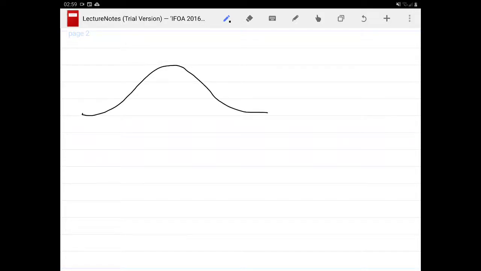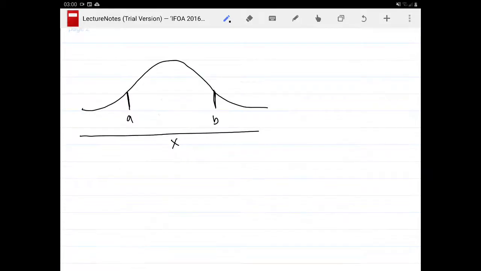We need to find some interval, some a and b, such that the probability that X is in this range, and we could put equal signs, it doesn't matter, is equal to 0.95.